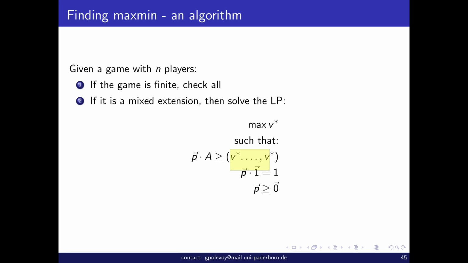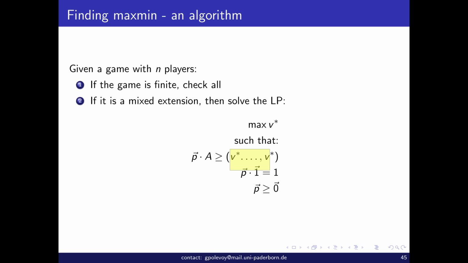So it means that every player, at worst, regardless what the other players do, because A is not only two-dimensional for 2 players, it can be n-dimensional. So regardless what the other n-1 players do, the utility of the player we look at will be always at least V star.